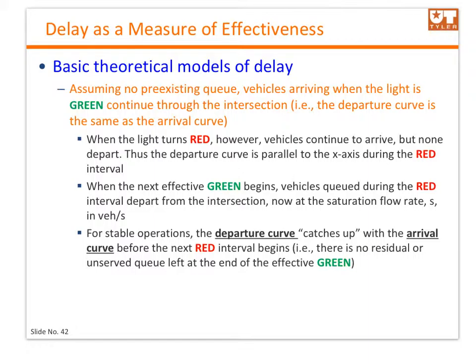The only way for these two to catch up is that all the vehicles that were standing and waiting during the red light will be moving, and the green light afterwards will be enough for all of them to leave, and therefore the two lines, the arrival and departure lines, will meet again. That means there is no residual or unserved queue left at the end of the effective green.